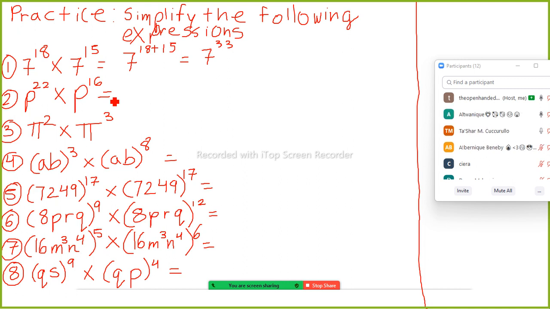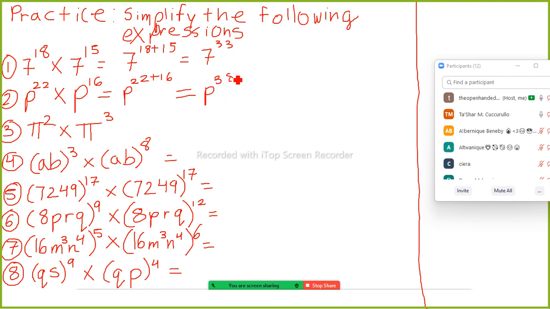Just 38? P to the power of 38. Good. So it's going to be P to the power of 22 plus 16, and it's going to be equal to P to the power of 38.